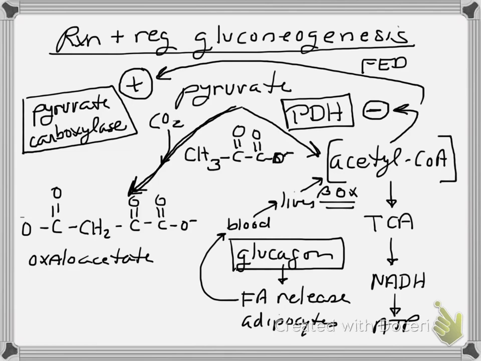These levels now inhibit the pyruvate dehydrogenase and activate pyruvate carboxylase. So the fork in the road, the shift of pyruvate conversion, is determined by acetyl-CoA levels, which are determined by the fasting signal glucagon.